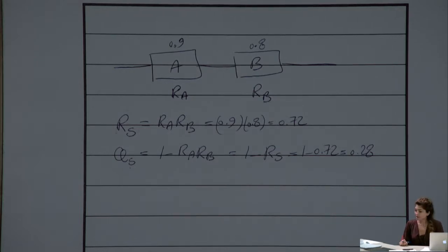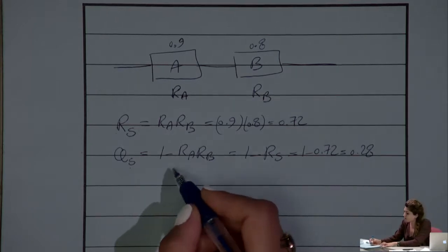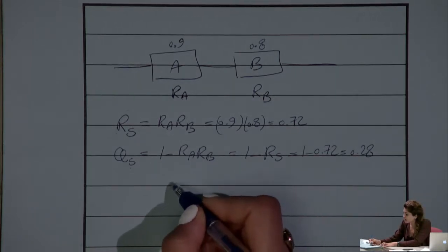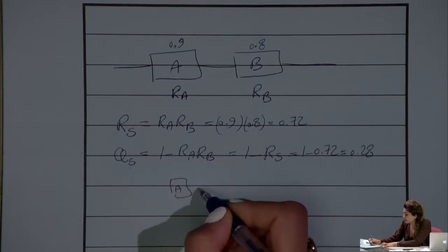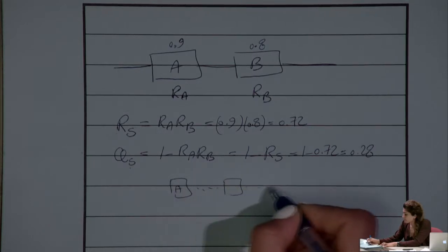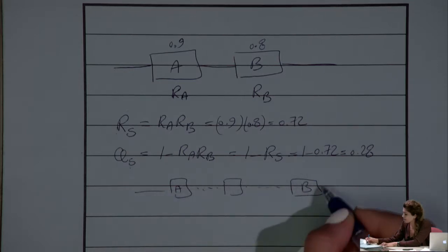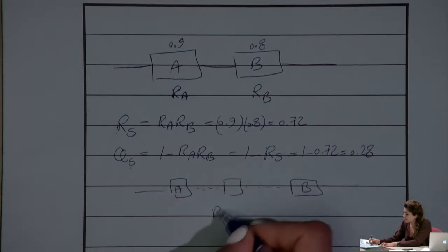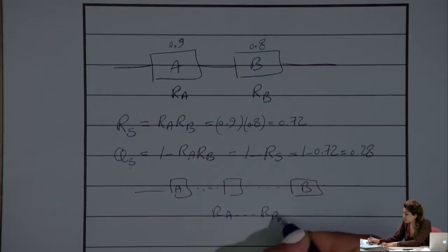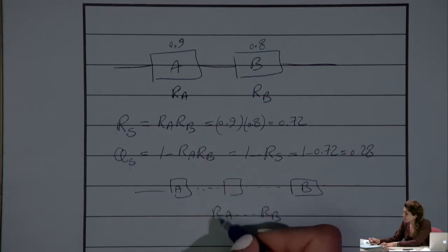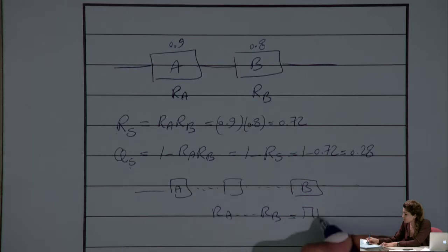So in the next slide, you see that this is generalized. So basically, if instead of A and B I have A, some other systems, and in the end let's say B, if I want to calculate the reliability of this system, I have RA multiplied all the way to RB, right? So I can write that as the multiplication of all of my reliabilities.